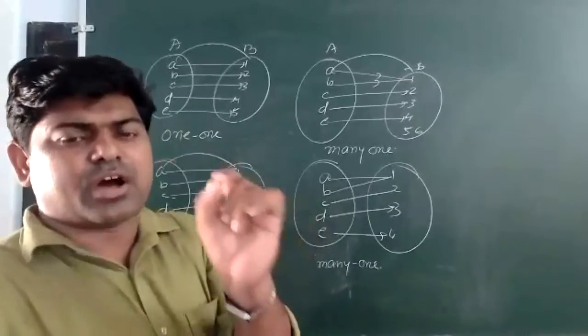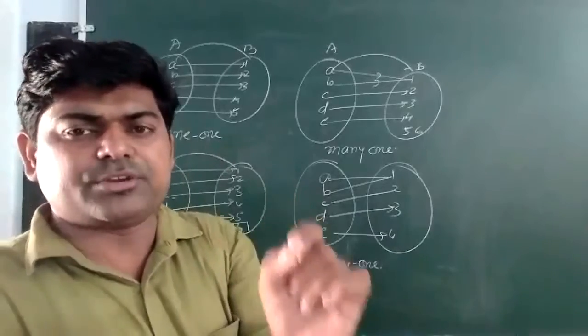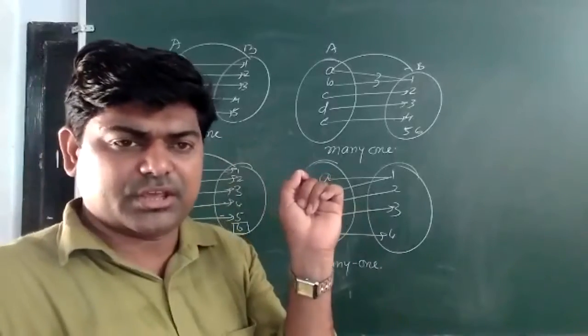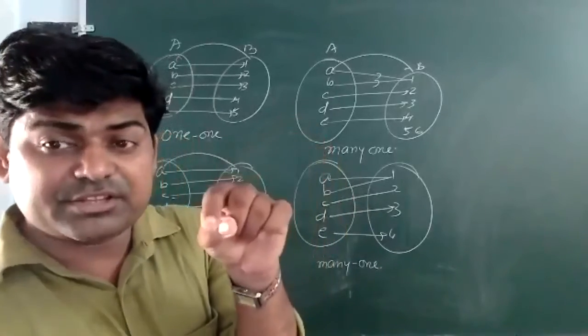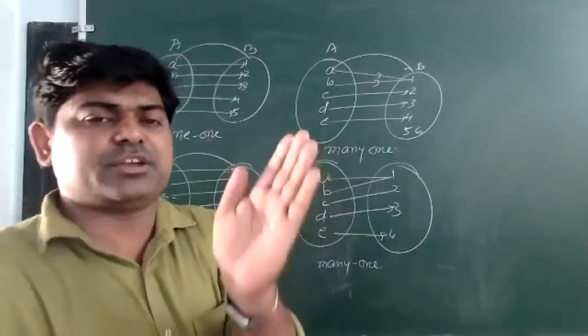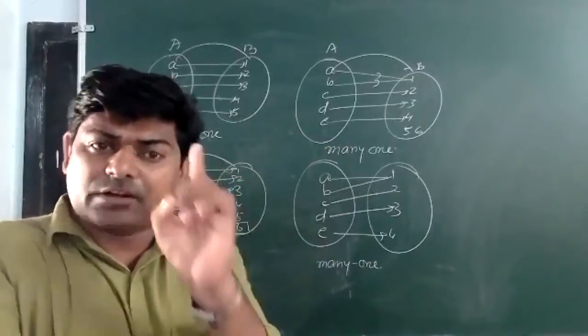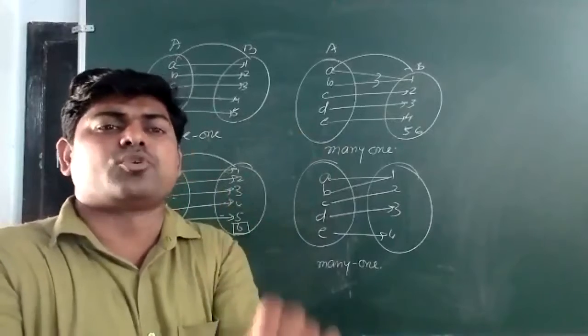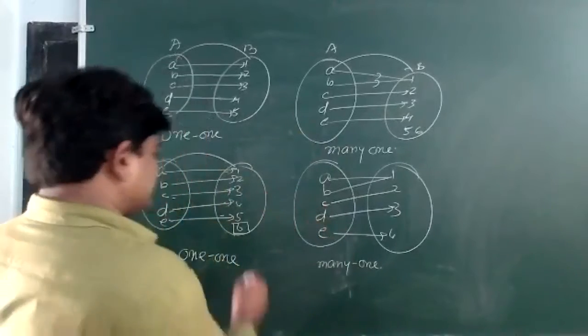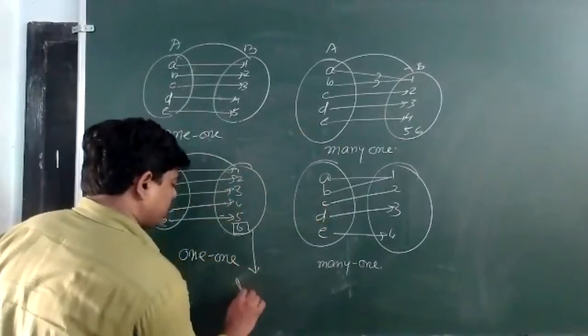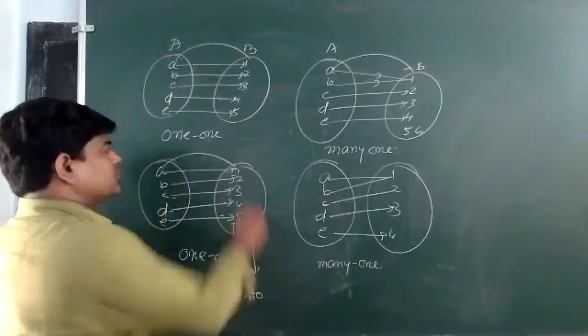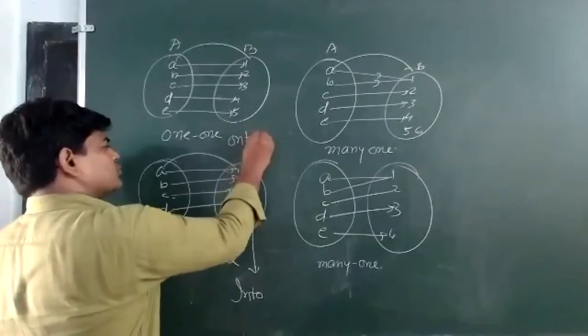So if I get at least one element in B which has no pre-image in A, where a function is defined from A to B, then this one is called into, and this one is onto.